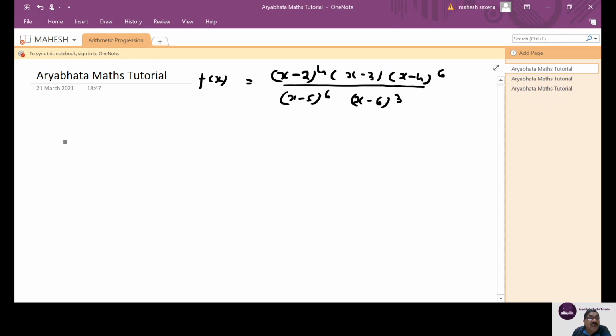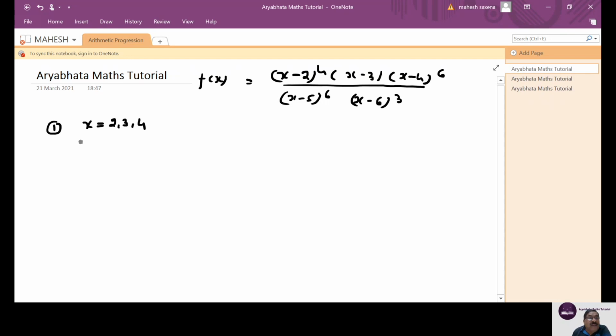Now we will take two steps. Number 1, x minus 2 can be 0, x minus 3 can be 0, x minus 4 can be 0. Therefore, x can be 2, 3, 4. x minus 5 and x minus 6 are in the denominator.